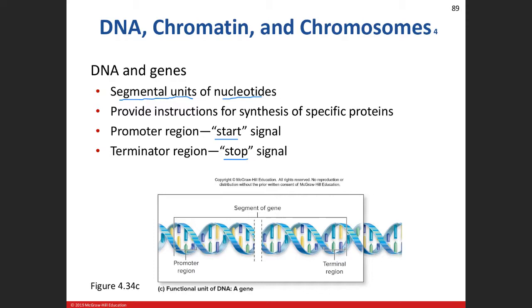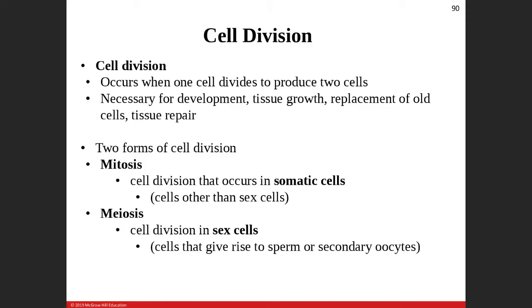I can't talk about the cells without talking about cell division. Now, cell division is going to be quite extensive, but guess what? This is the only slide. So this is all you're going to have to know for my class. When we talk about cell division, we start off with one cell and it divides into two cells. We refer to those two new cells as daughter cells.